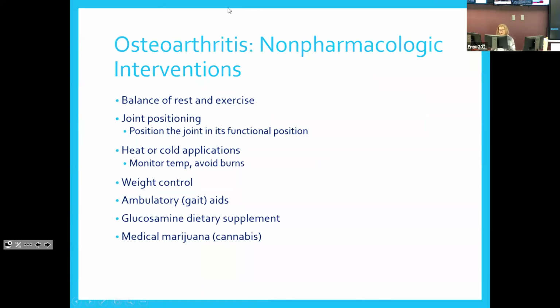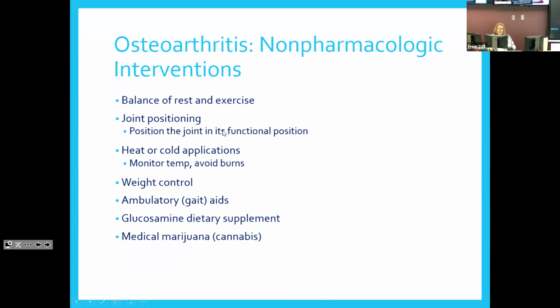So here's some more non-pharmacological interventions. Rest with exercise. Exercise can help, but make sure they have plenty of time to rest. Don't push exercise if they're having more pain than usual in a joint. Position it in its functional position, so try to position their body in line with the rest of their body.